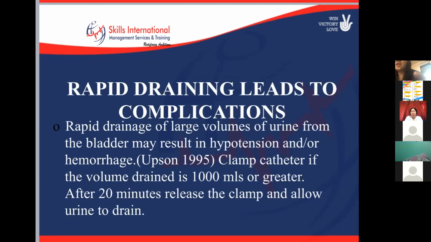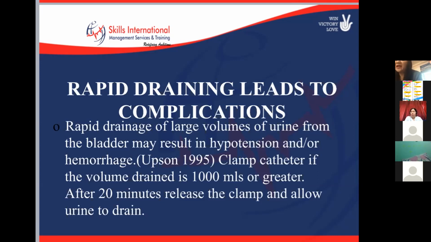So, you can see in the hospital there is also a catheter and there is a clamp. Because if you release that one and the patient has a volume of 1,000 ml of water or more than that, the patient may have hypotension or even hemorrhage.